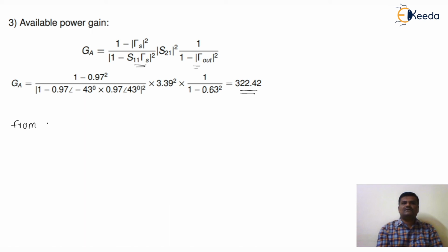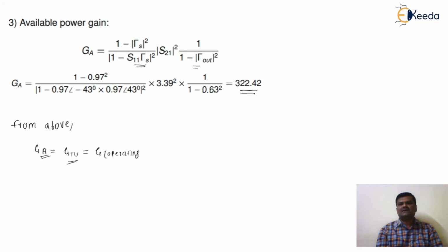From above, we find that GA equal to GTU, that is the available power gain, the transducer power gain, and the operating power gain.